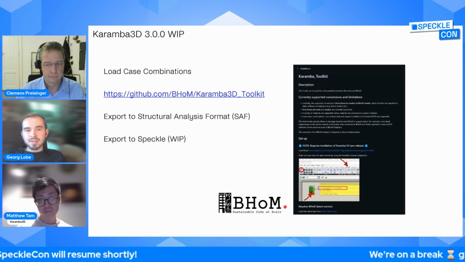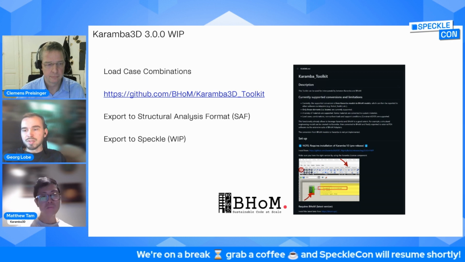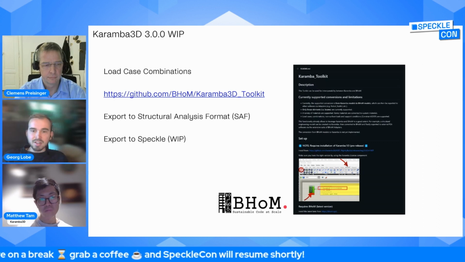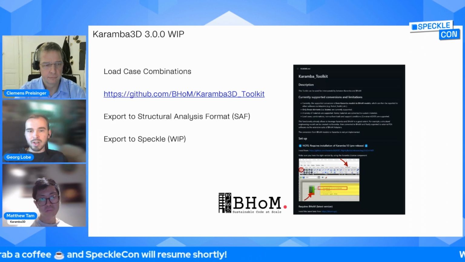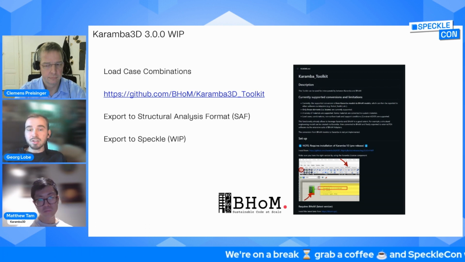The main developments are the load case combinations, which let you define in detail how loads interact with each other. Then there is the BOM toolkit available at our GitHub repository, connecting also to a lot of other software packages.